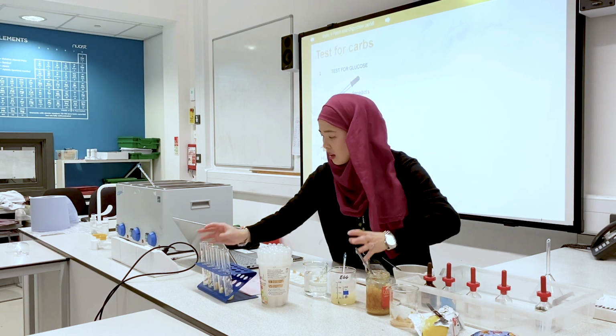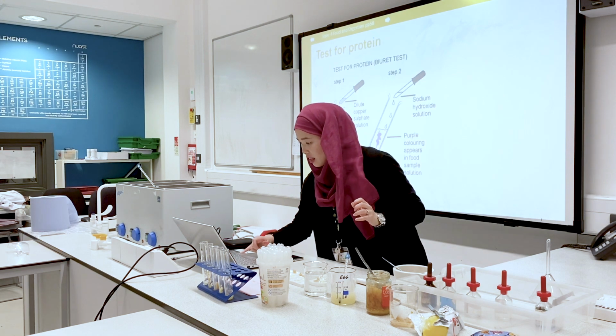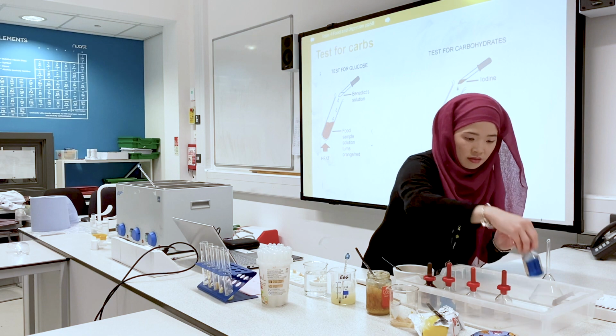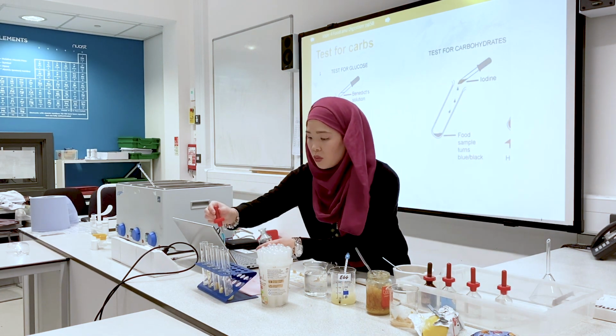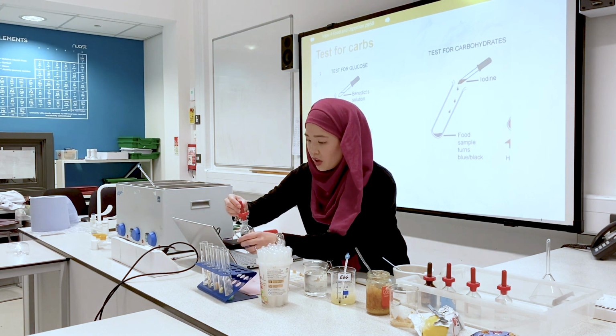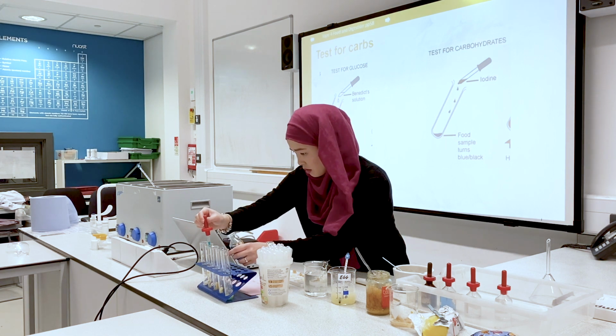Okay. To start with, I'm just going to add the Benedict solution to all of the test tubes so I can put that into the water bath because it will need some time to show a result.